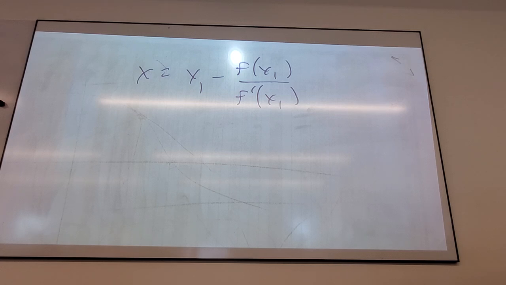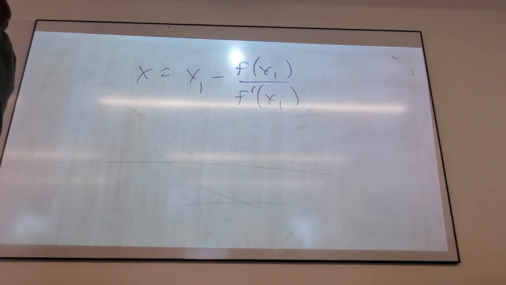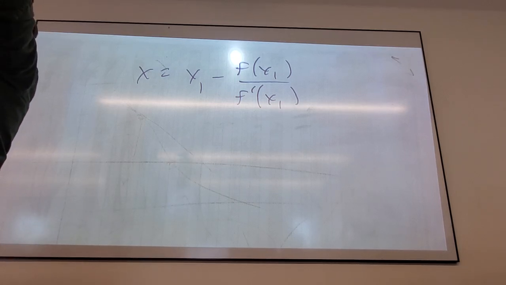And what we did was exactly what we always did. Have you found a lot of tangent lines in this class? Yes. That's what this came from. Don't freak out about what it is. We know exactly where it came from.